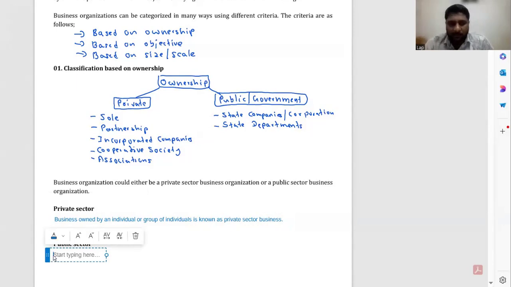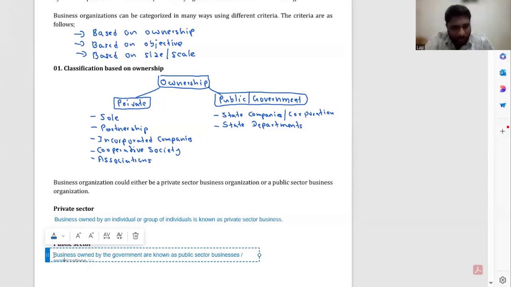Simple as that. Businesses owned by the government are known as public sector businesses or organizations.